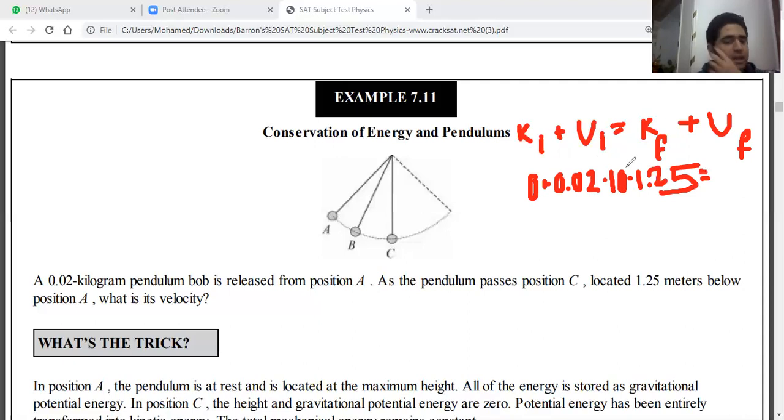What's the final kinetic energy? Well, I don't know. That is half, the mass doesn't change, m v squared plus 0. Well, the potential energy at the bottom has disappeared. So this is what we're going to have.